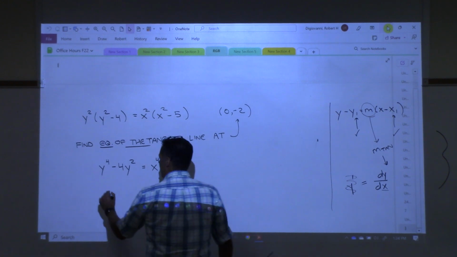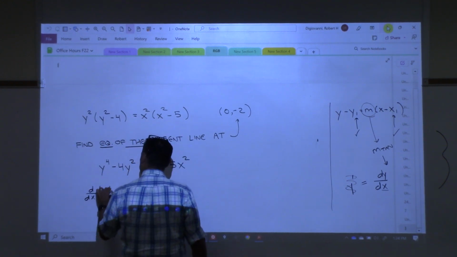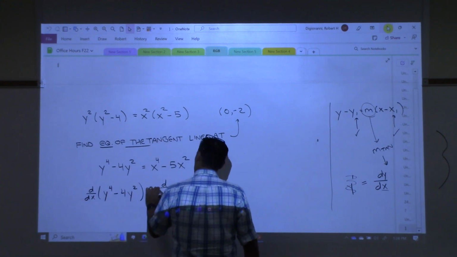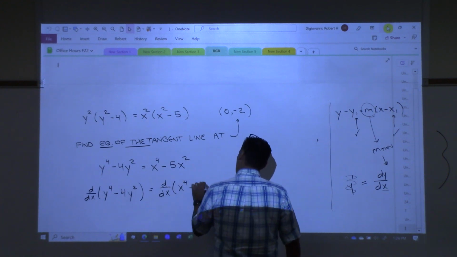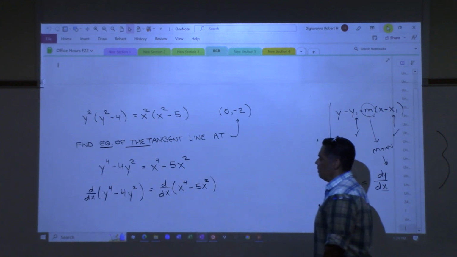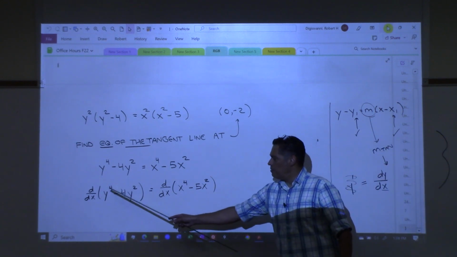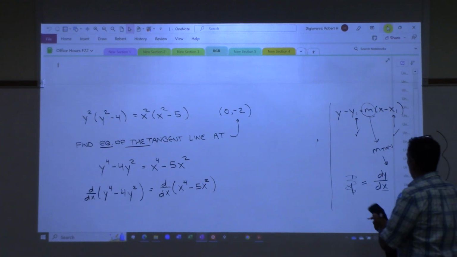And now the derivative. I take the derivative with respect to x on the left side, and then the derivative with respect to x on the right side. And because I have subtractions between these, I can do these individually. So let me go ahead and do that.